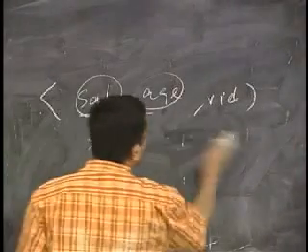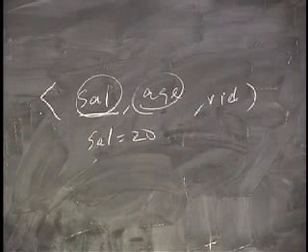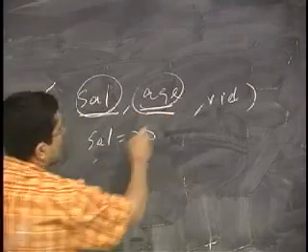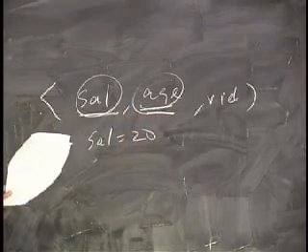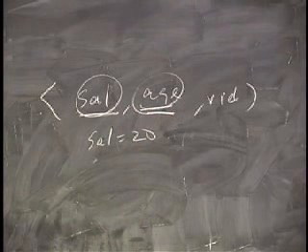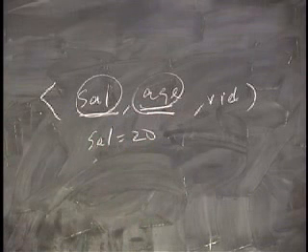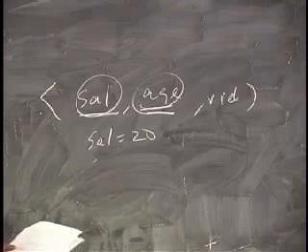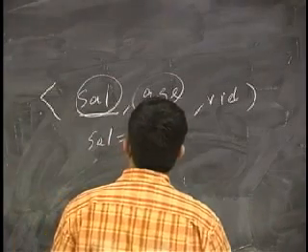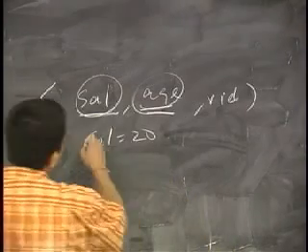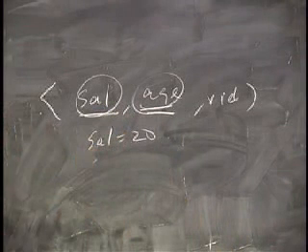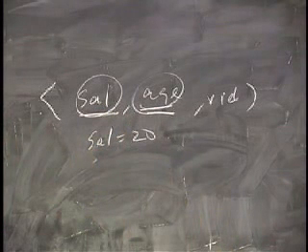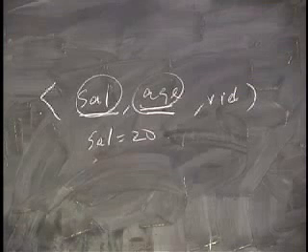But if you just say salary equal to 20, then it will give you a range, because the age is immaterial: the constraint is only on the salary. So you have either two variables bound to two values, or one variable bound to a single value, and that goes into an index.